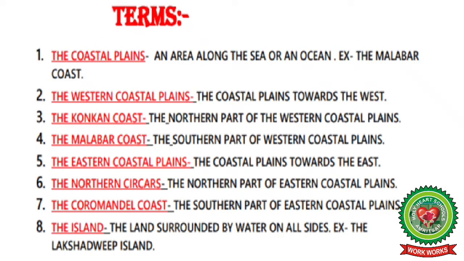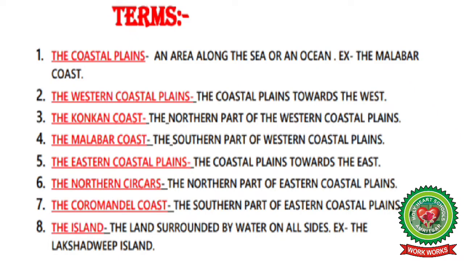Students, first let's have a look at the terms related to today's topic. First term is the coastal plains, an area along the sea or an ocean, example the Malabar coast. Second, the western coastal plains, the coastal plains towards the west. Third, the Konkan coast, the northern part of the western coastal plains. Fourth, the Malabar coast, the southern part of the western coastal plains.